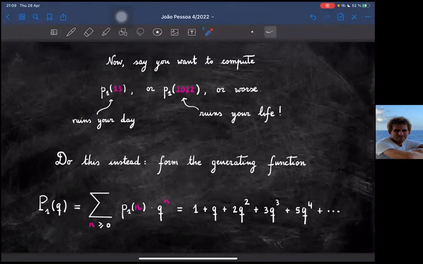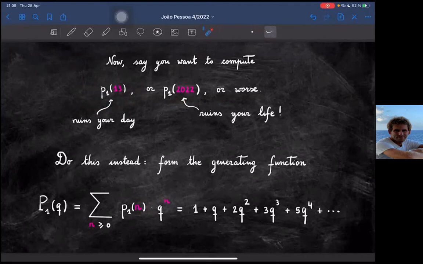So I was saying that if you decide one day to compute the number of partitions of the integer 13, I promise you this is going to be a dark day for you. But if you are even crazier and want to try and compute how many partitions the number 2022 has, well, this is going to ruin your life.